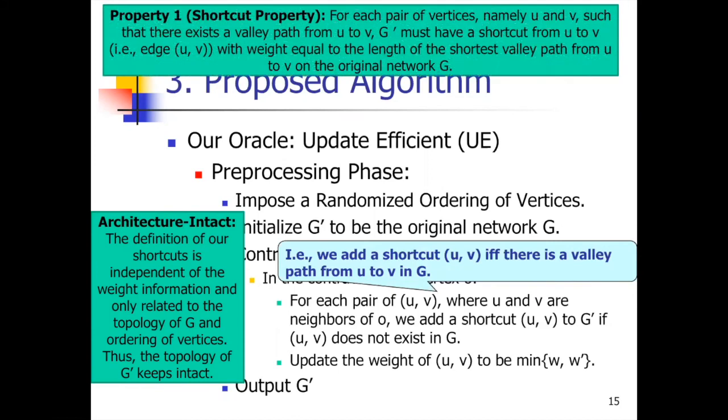It also satisfies the so-called shortcut property: for each pair of vertices U and V such that there exists a valid path from U to V, G prime must have a shortcut from U to V with weight equal to the length of the shortest valid path from U to V on the original network G. And then it updates the weight of UV to be the minimum of W and W prime.